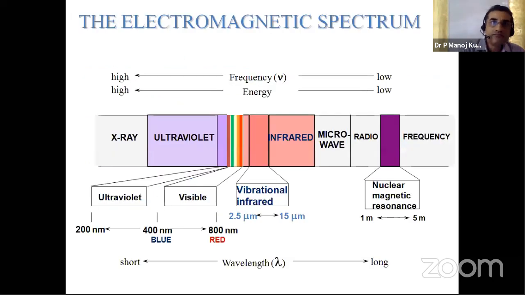So, as all of us know, this is the complete span of electromagnetic radiations that you have in the electromagnetic spectrum. It is this region that comes between the visible and the microwave region which we call the infrared radiation. And again, it is a very limited region between 2.5 to 15 micrometer which is useful for an organic chemist to interpret the structure of a compound from the IR spectrum.